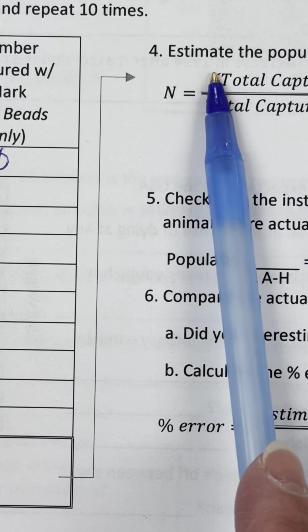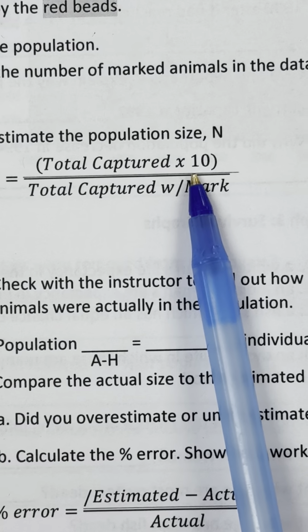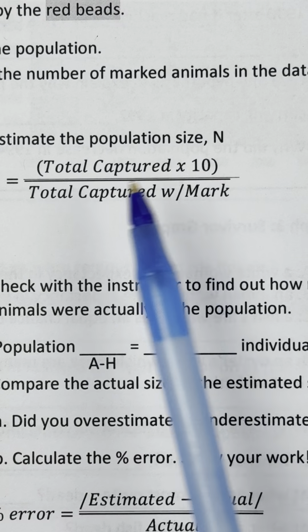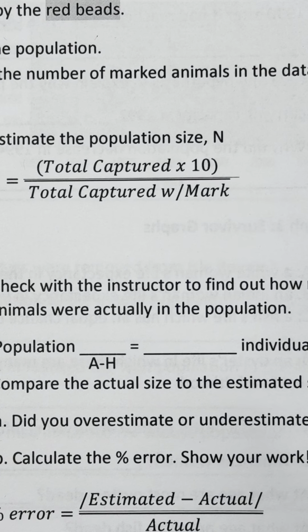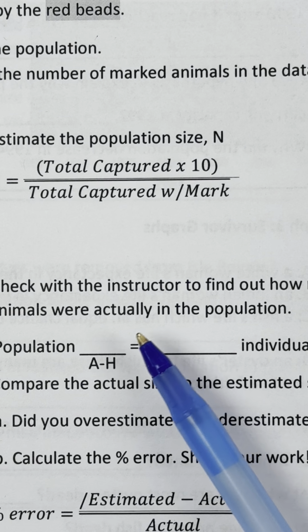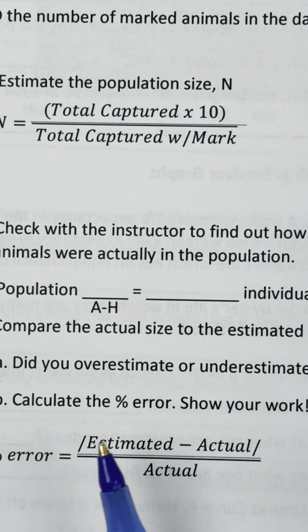So the complete total from the first column, the left column, multiply that number by 10 first. Then, after you've done that, divide it by the total number of red beads, and that will give you your N. And then I can tell you whether or not you're on the right track when you get back to class or when you turn this in.